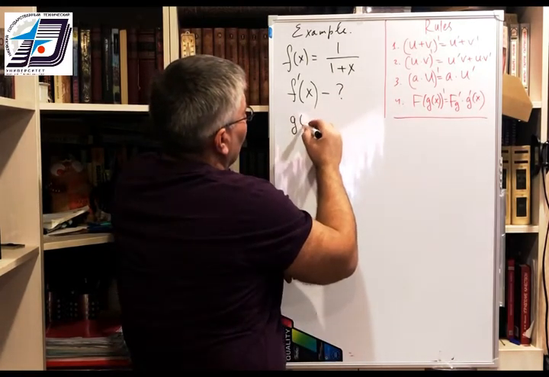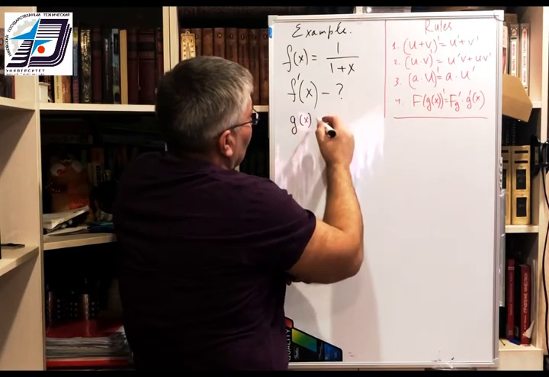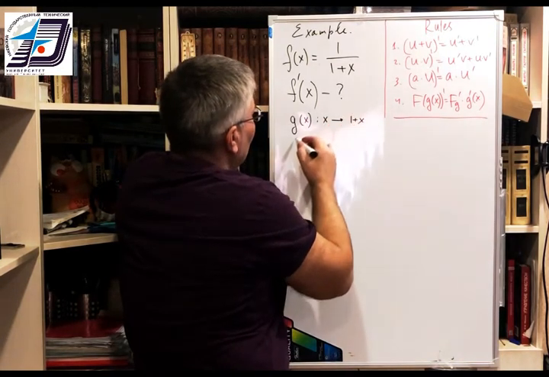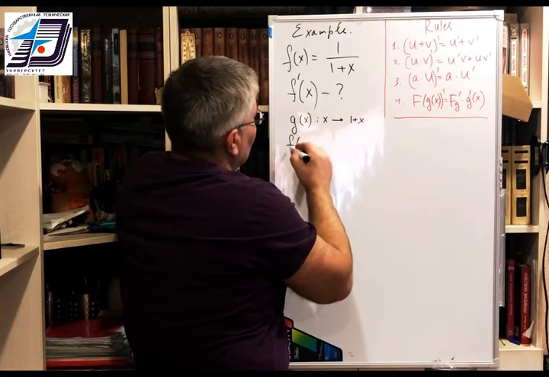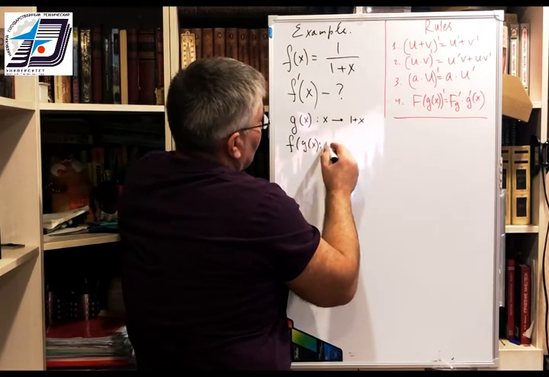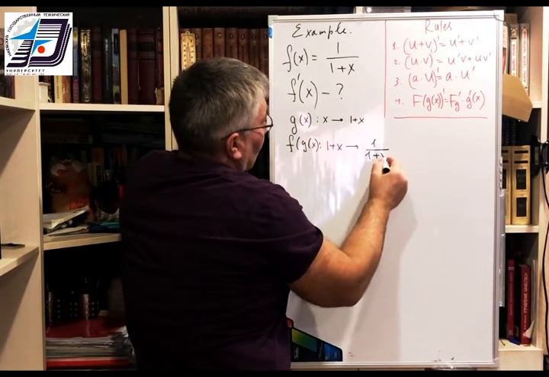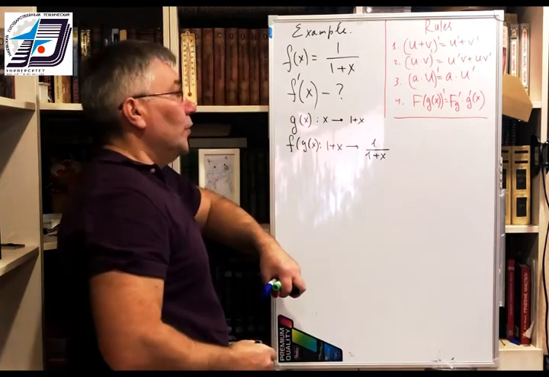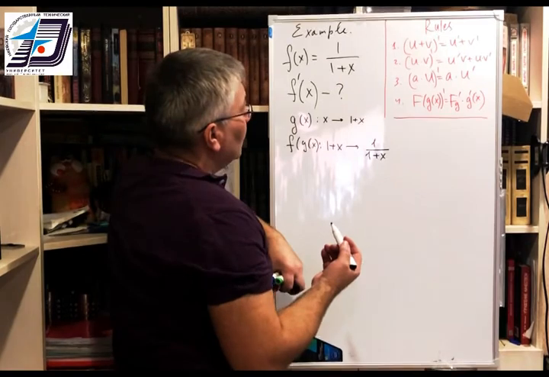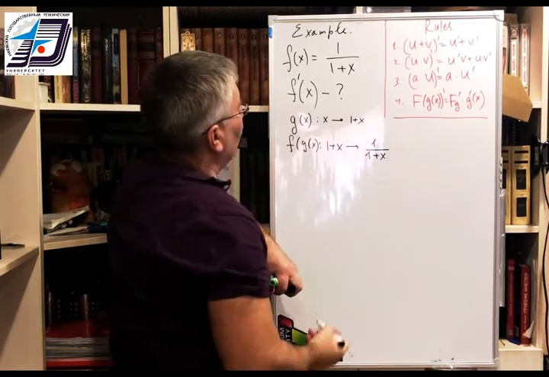The first one, g of x, sends x into 1 plus x, and the second operation, f of g of x, sends 1 plus x into 1 over 1 plus x. So we have two operations, and that's why we use the rule for the compound function.